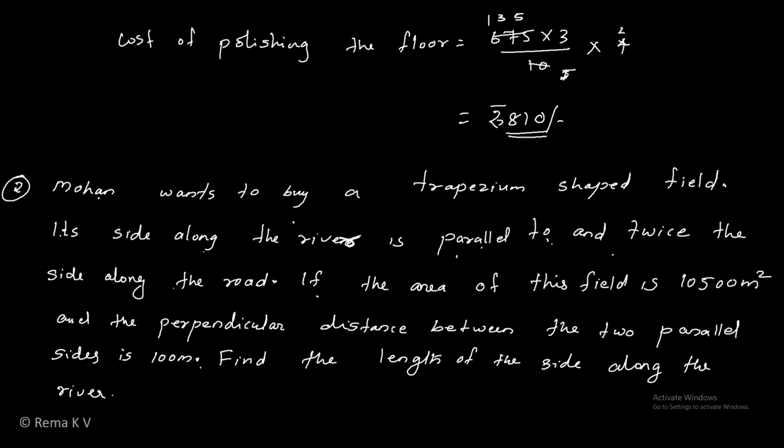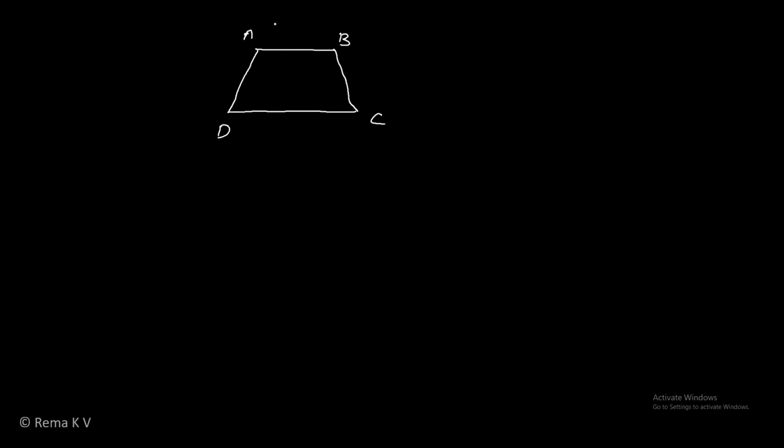One side of this field is a river and the other side is a road. So here in this side a road is there and here in this side a river is there.